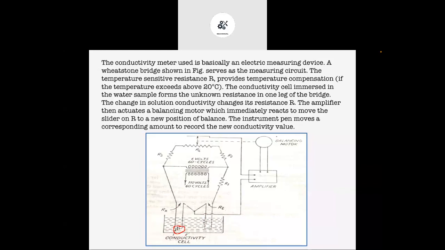Now, what will happen when we take the water into the beaker and put this particular circuit into that water? Here, we are applying 110 volts across this circuit.